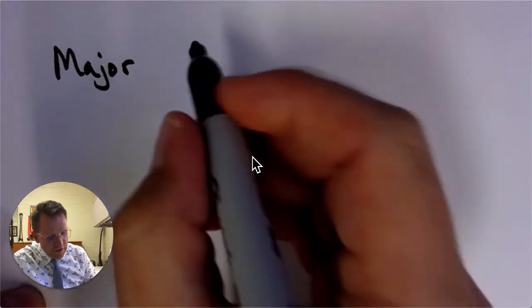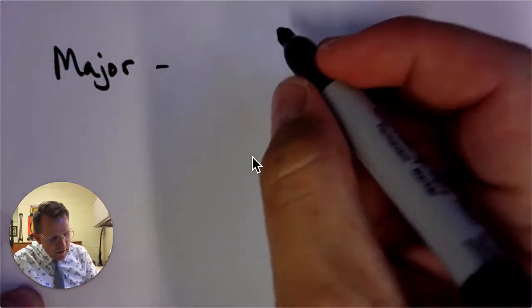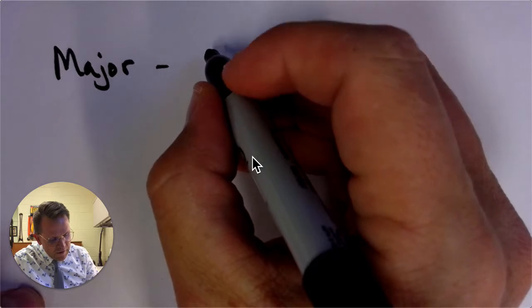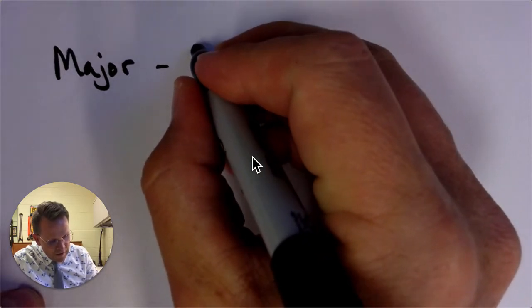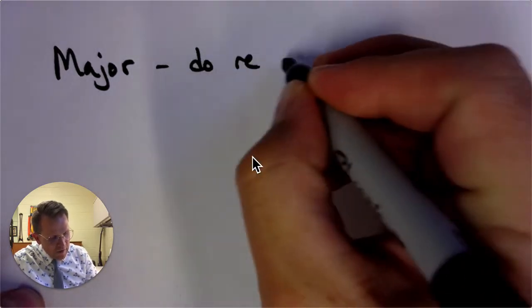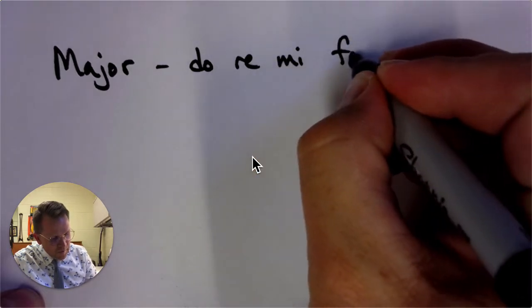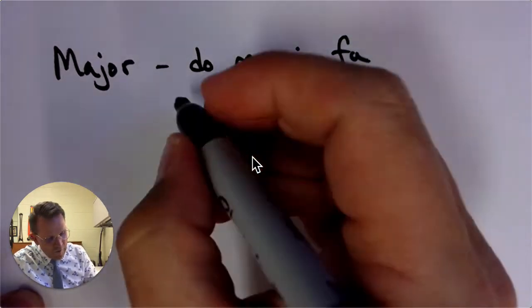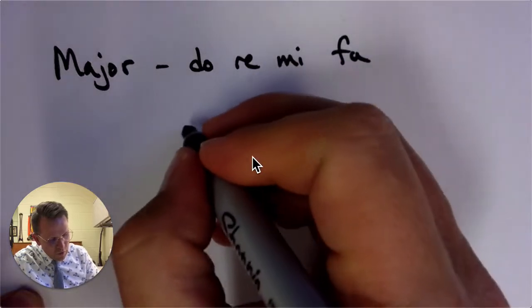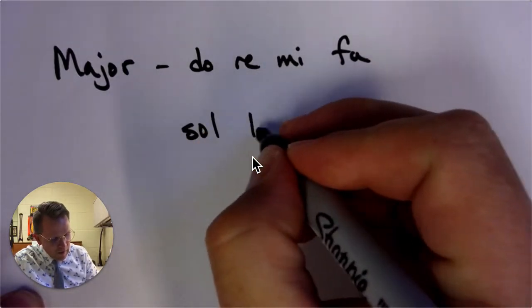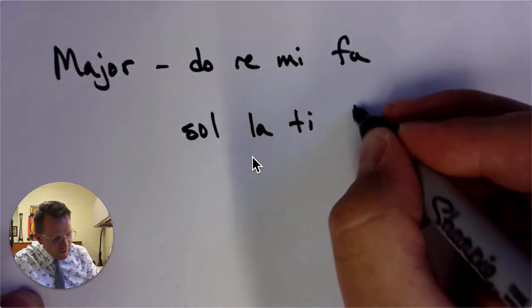And with the major tetrachord, remember that the solfege for that is do, re, mi, fa, or you have another option which is sol, la, ti, do.